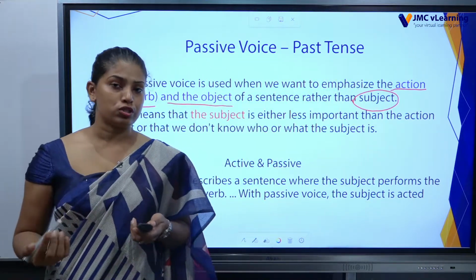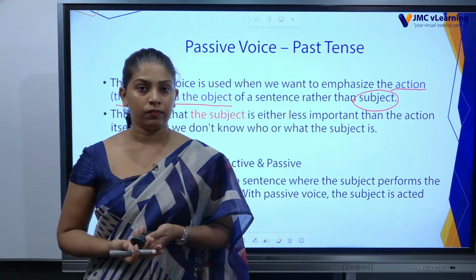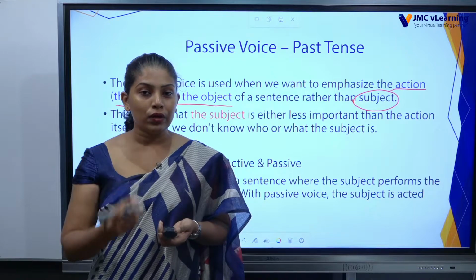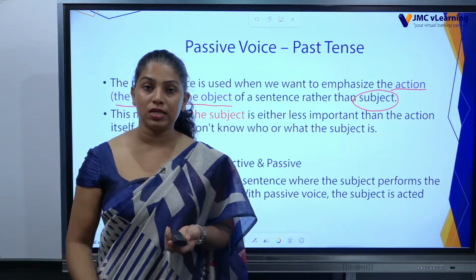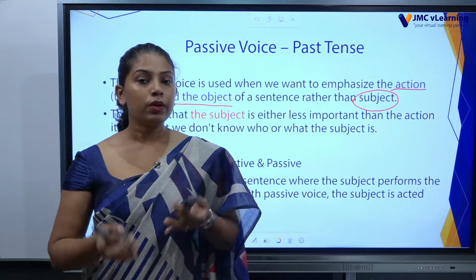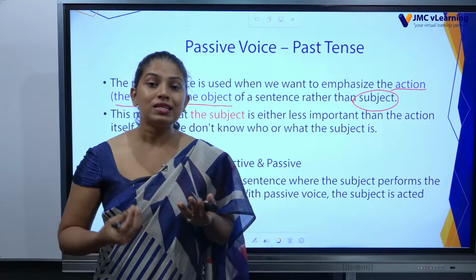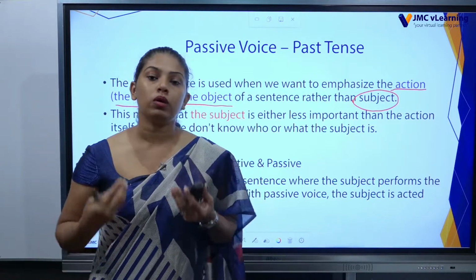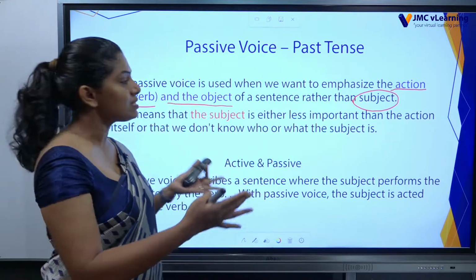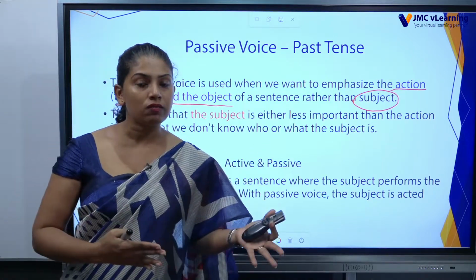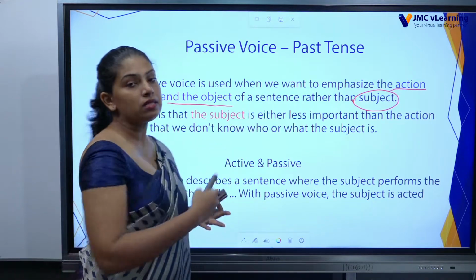As you all know, in active voice the subject is very important, because we make sentences firstly using the subject. But what is the difference between active voice and passive voice? Here it says rather than the subject.